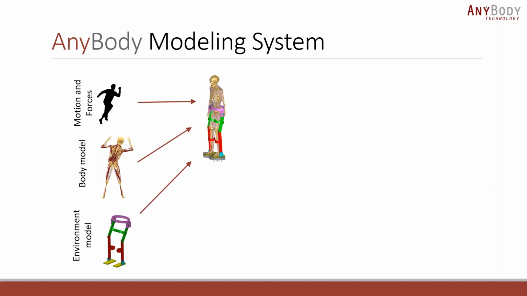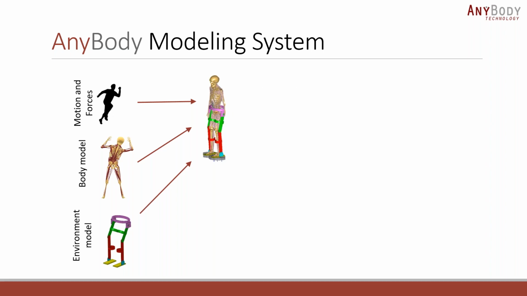For example, it can be either some synthetic motion or motion capture recorded data, and we would apply external forces such as contacts with the environment, if known, or, for example, force plate data. Additionally, we would put some sort of environment objects into that, whether this is a consumer product or a medical device or an exoskeleton or something like that.